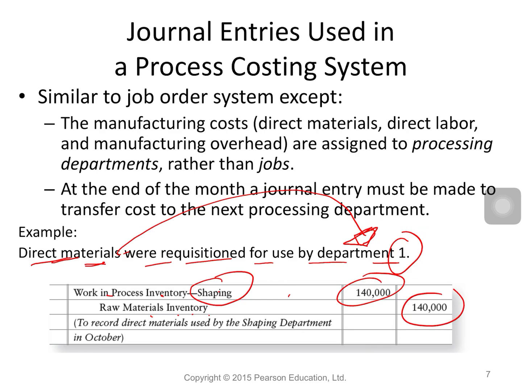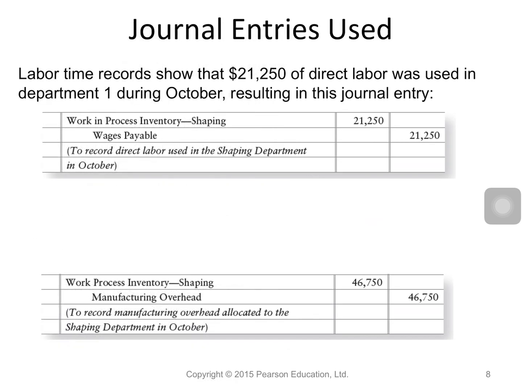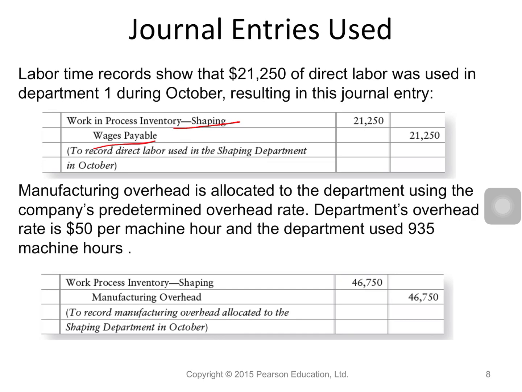Then labor time records show that 21,250 of direct labor was used in department 1 during October, resulting in this journal entry. You record work in process inventory shaping on debit and wages payable on credit. And then you need to apply manufacturing overhead, which is $50 per machine hour, and the department used 935 machine hours, so you simply multiply them together.